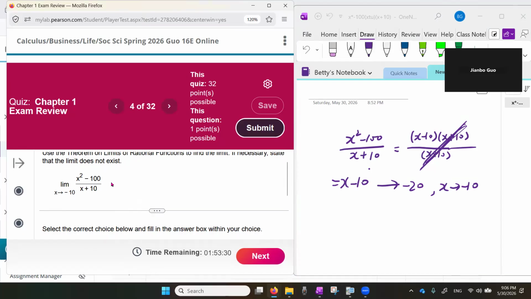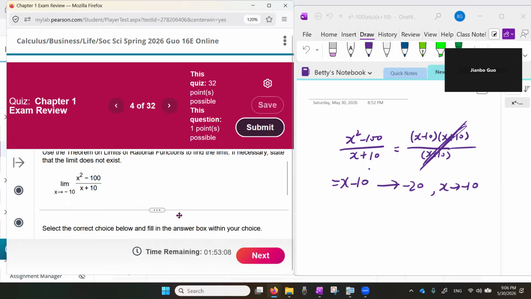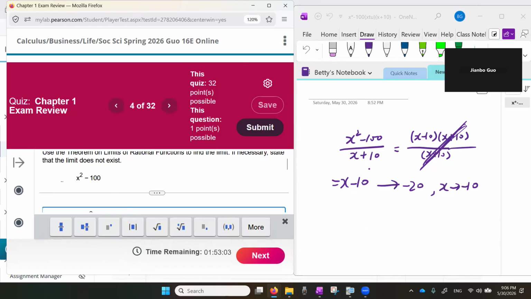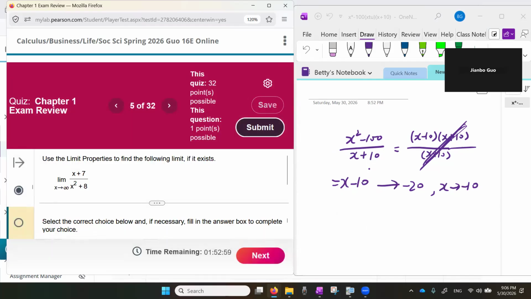So we simplify the rational function. After we simplify, the function is x minus 10. X minus 10 is continuous at -10. So when x approaches -10, the limit is the value of the simplified function. So -10 minus 10 is -20. -20. Next. Question number 5.